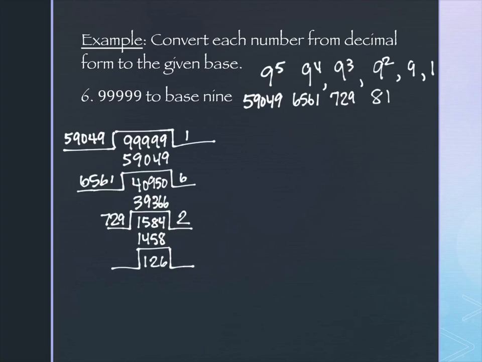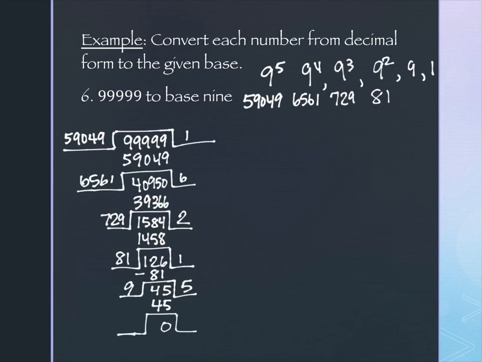Now what do I divide by? 81. 81 goes in one time, so minus my 81. 45. Next I divide by 9. 9 goes in 5 times, giving me a remainder of 0.